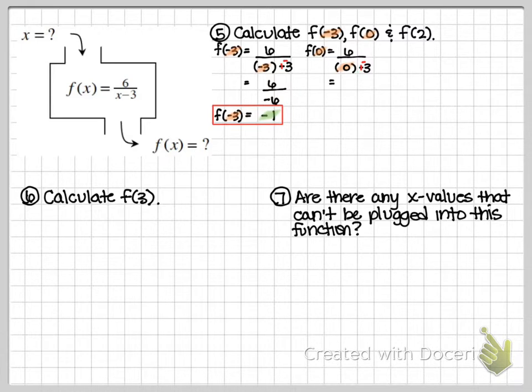I'm going to do the math on the left-hand side. Okay, 0 plus -3 is -3, and then a positive divided by a negative is going to be a negative, and 3 goes into 6 2 times. Then drop your notation down. So f of 0, inside is x, outside is y. So my next answer is f of 0 is equal to -2.